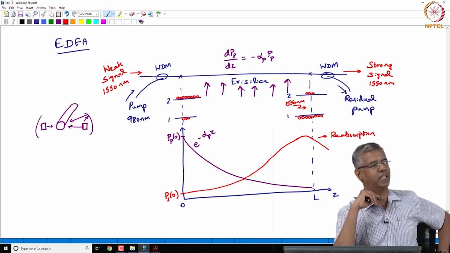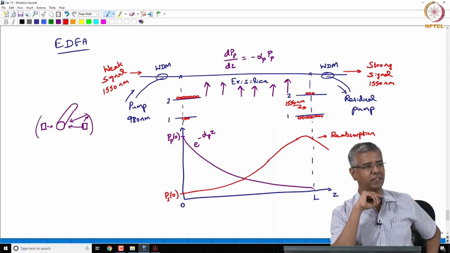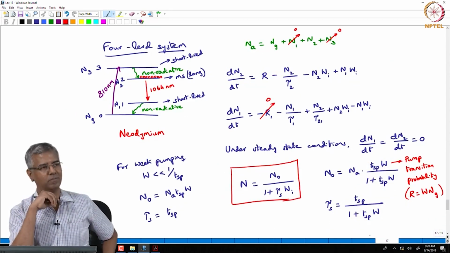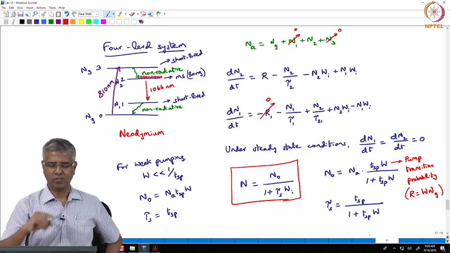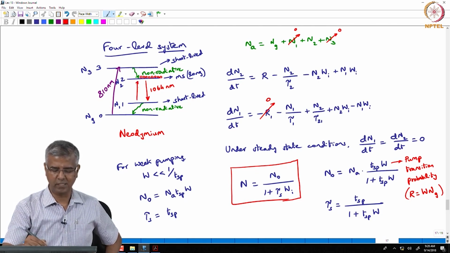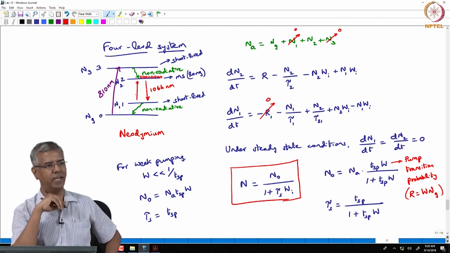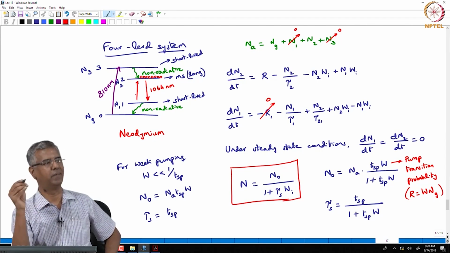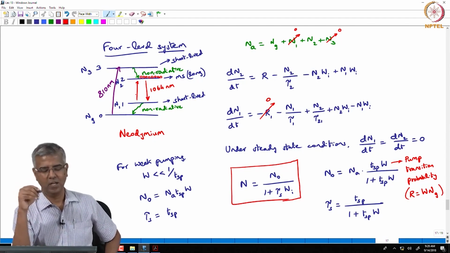But what can you say about this in a 4-level laser? What can I say about reabsorption in a 4-level laser system or amplifier system? So, we are considering stimulated absorption as this process, going from the lower energy level to the higher energy level.